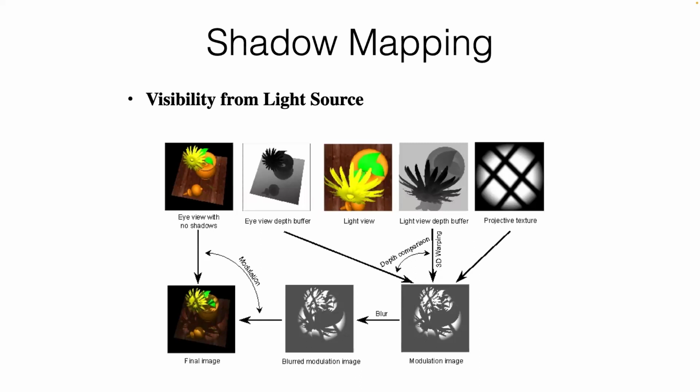And then with that, we can compute shadows or even project some pattern if the light was like a projector, right? And so then you have some modulation image, and then you do some blur, and then you have your image with shadows. And this is much faster than doing ray tracing and everything. And that has been used in the industry for a long time. Now it's not used so much because we have real-time ray tracing, but it still is very useful.